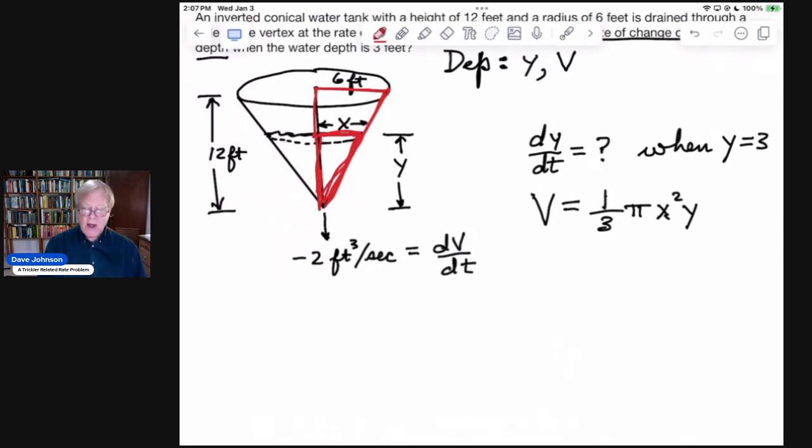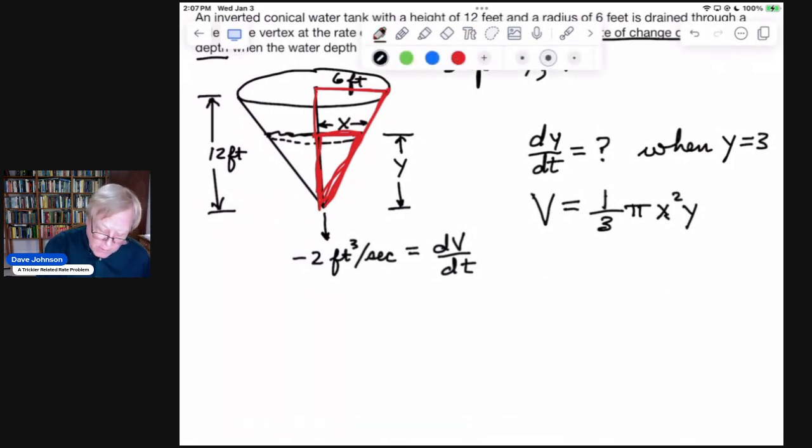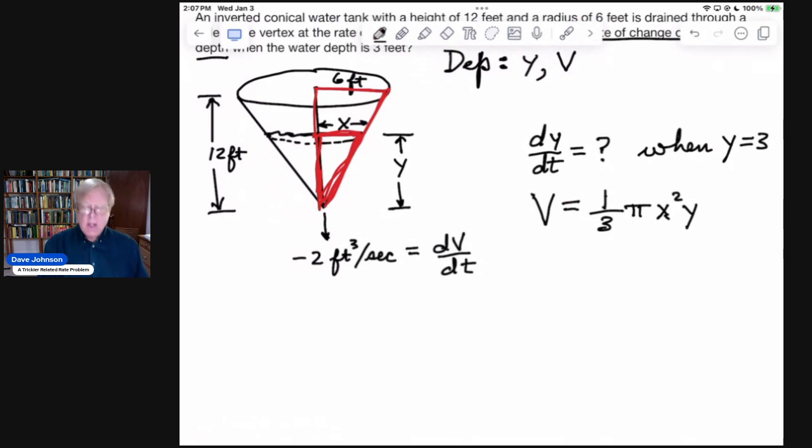So those are similar triangles because they share the same angles. And now, what is the fact that we use on similar triangles? Well, the ratios of corresponding sides are in proportion. So 12 over 6, so the height divided by the radius, is equal to the height y divided by the radius x.